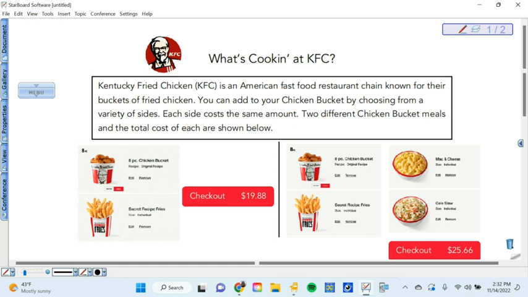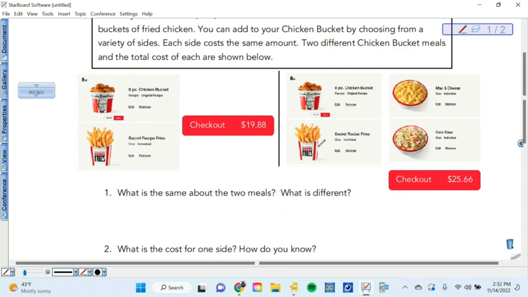Okay, so first of all, to start, what is the same about these two different meals, and what is different about those two different meals?